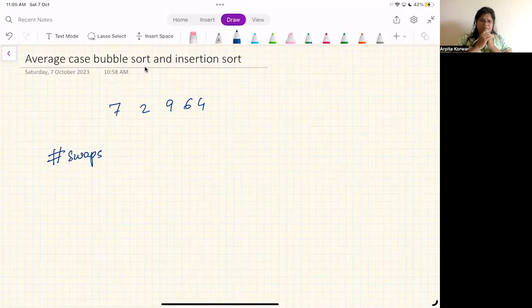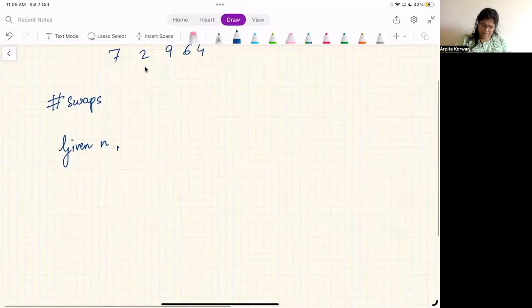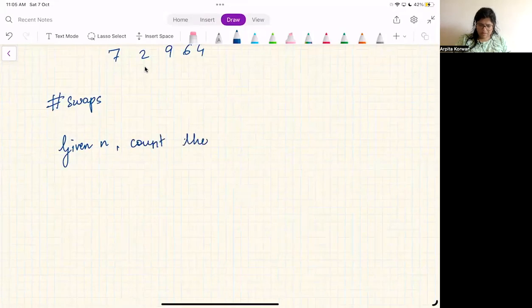So on Wednesday, we did average case. We counted the number of swaps in the average case. Given n, we count the number of swaps or comparisons. Okay, let's say comparisons here.